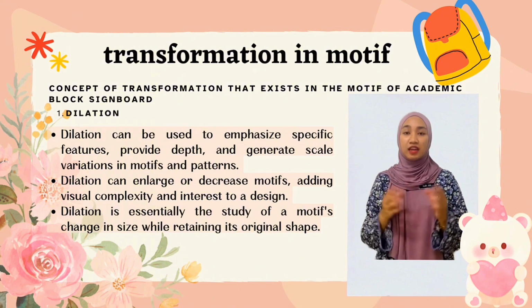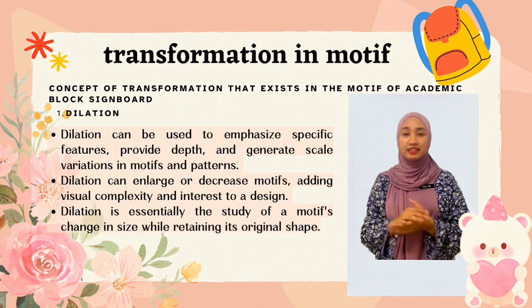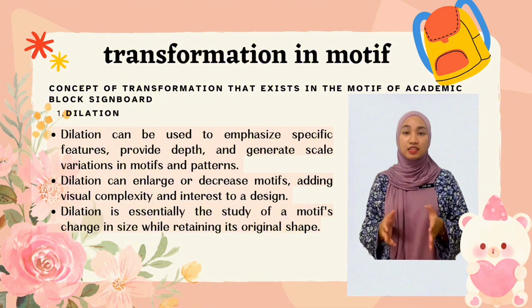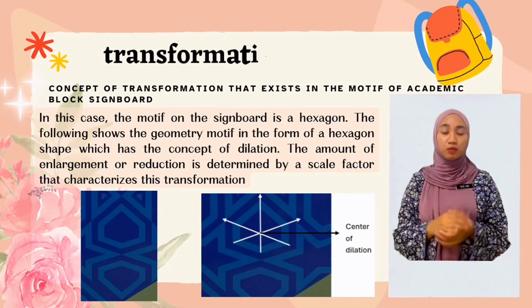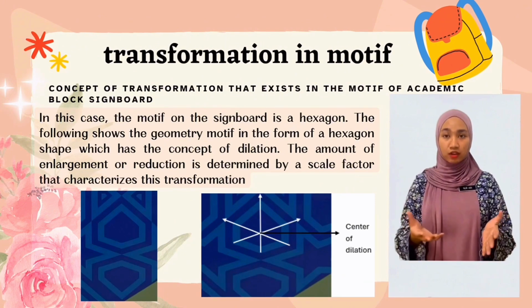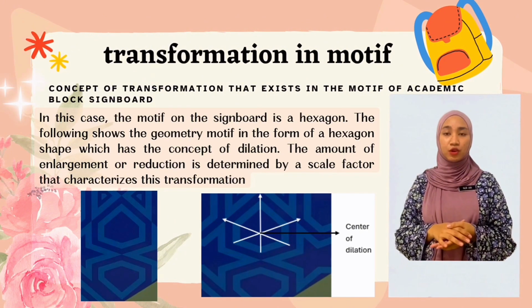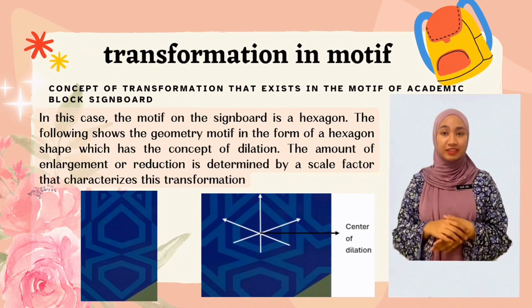Dilation. Dilation can enlarge or decrease a motif, adding visual complexity and interest to a design. Dilation is essentially the study of a motif's change in size while retaining its original shape. In this case, the motif on the symbol is a hexagon. The following shows the geometry motif in the form of a hexagon shape, which has the concept of dilation.